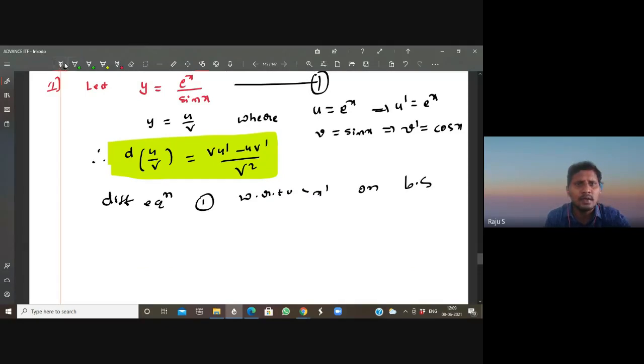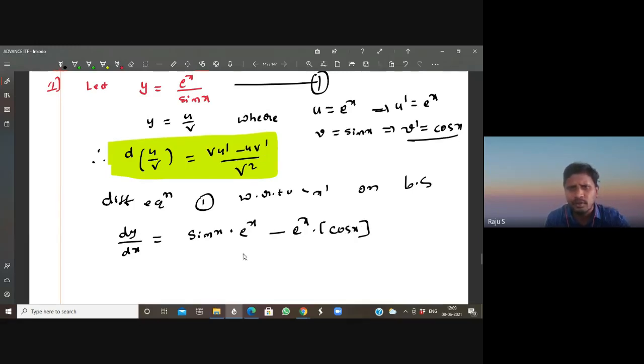Now, when we differentiate with respect to x on both sides, on the left side we get dy by dx. On the right side, v u dash. What is v? sin x, into u dash, which is e power x, minus u, nothing but e power x, into v dash, which is cos x, all divided by v square, that is sin x the whole square.